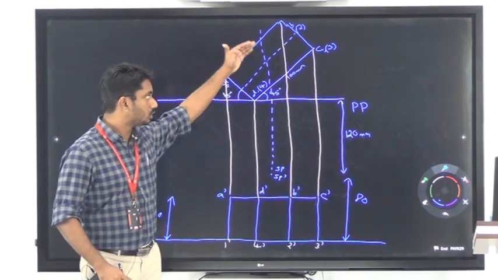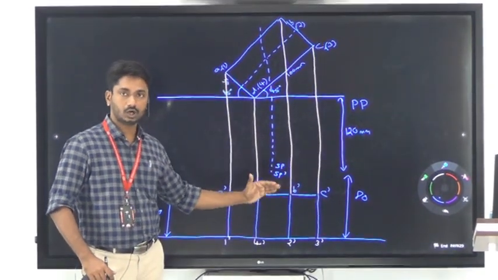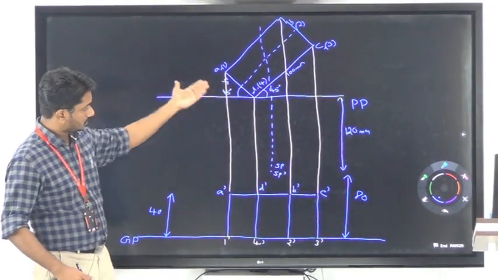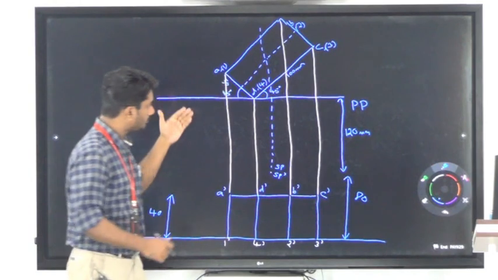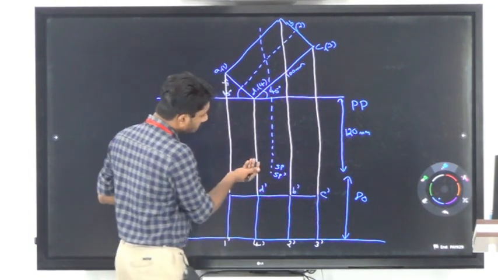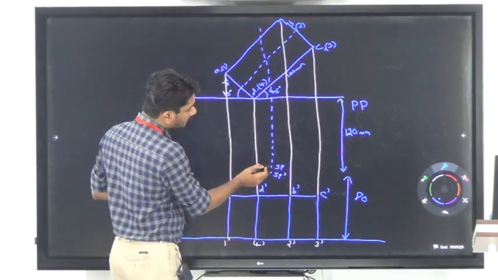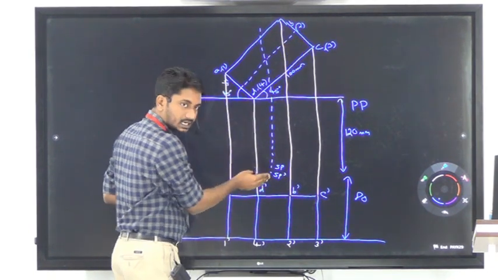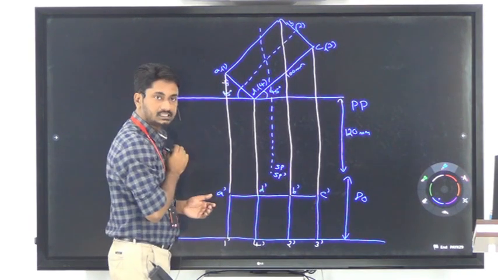So we have completed the top view and front view of the object. Now to draw the perspective view, you have to follow the following procedure. First, you have to join all the points in the top view with the top view of the station point.